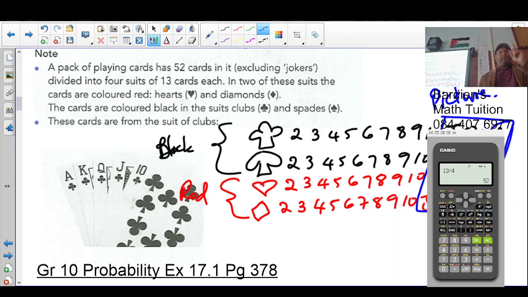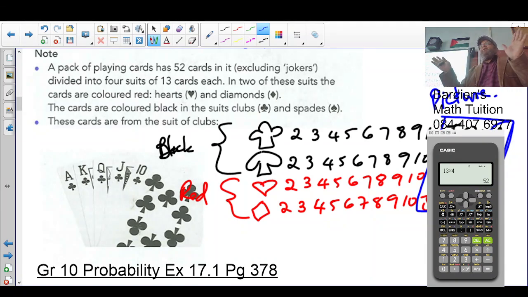Now, in the exam, if ace is counted as a picture card, we will tell you it's a picture card. If ace in the exam is not supposed to be a picture card, they will tell you your picture cards are Jack, Queen, King. You understand? So it will be specified. However, if it's not specified, we will give you the marks either way.